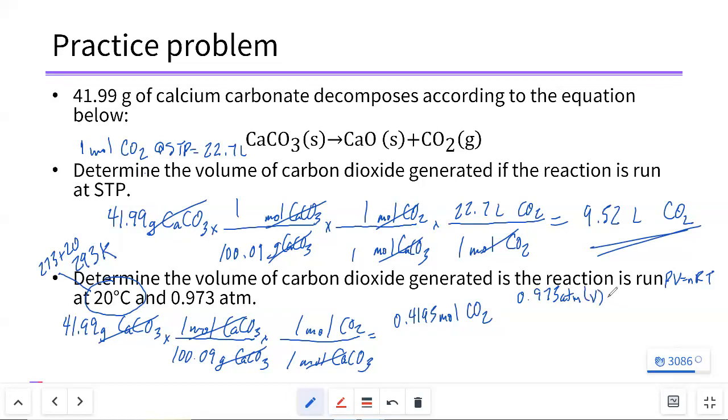Volume is unknown. I've got 0.4195 moles. And multiply that by 0.0821 liter atmospheres over mole Kelvin. Ran out of space here. So I'm going to multiply that by the 293 Kelvin also.